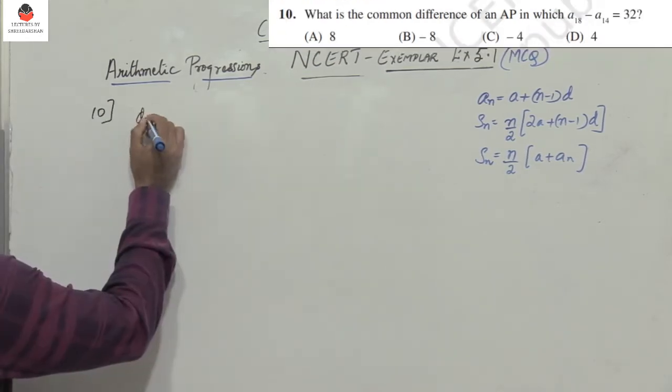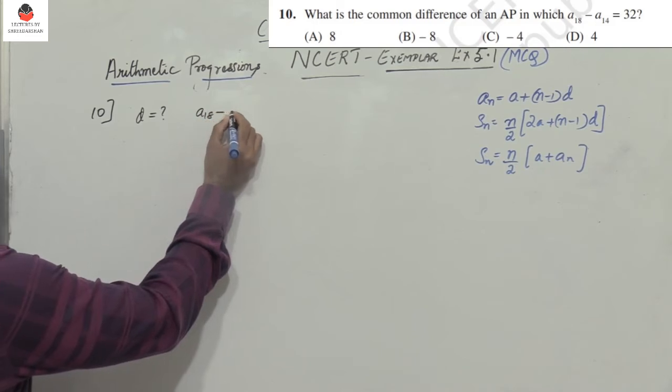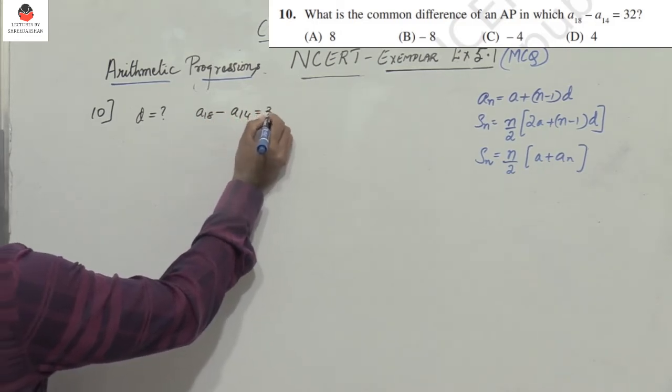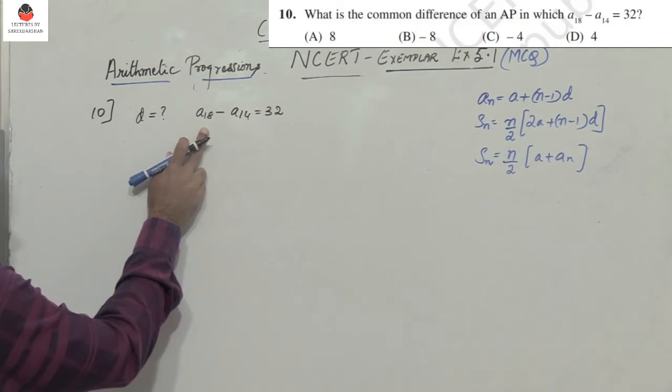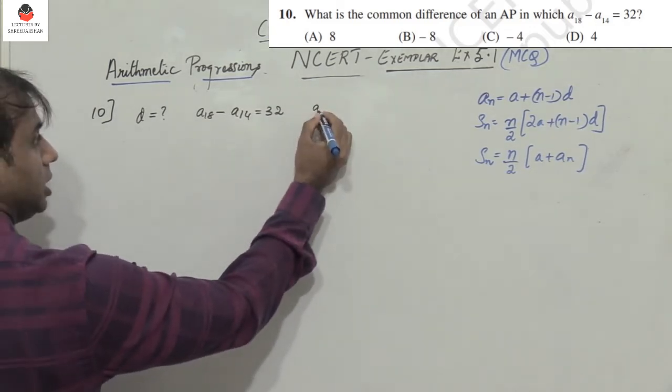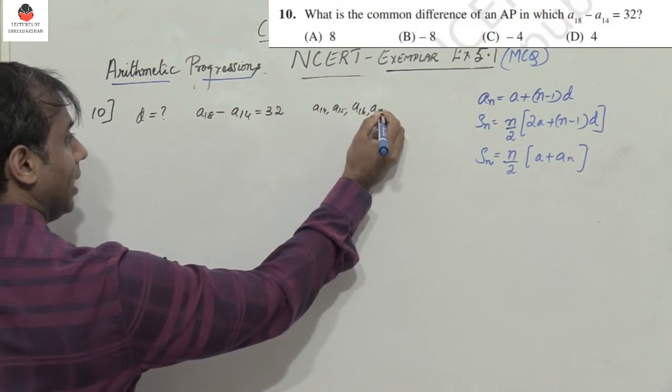What is the common difference? What is D in an AP if A18 minus A14 equals 32? So 14 to 18. What is the difference? You have A14, 15, 16, 17 and 18.